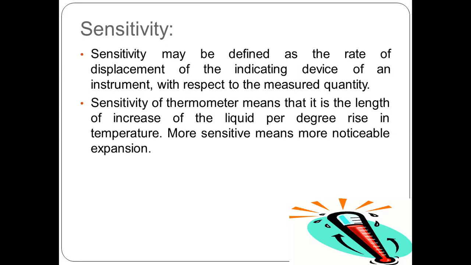So that rate of displacement over the thermometer by sensing the temperature of our body, that phenomenon is called sensitivity. The sensitivity of a thermometer is the length of increase of liquid per degree rise in temperature. So for an increase of 1 degree in temperature of your liquid, how much length that liquid is displaced on the scale, that is the sensitivity.